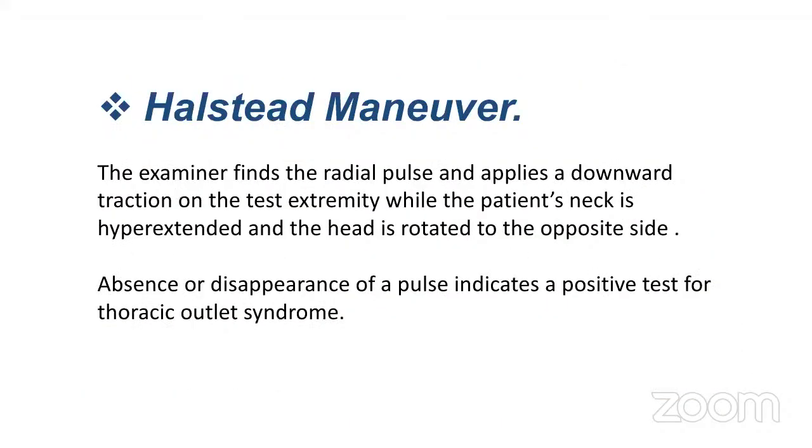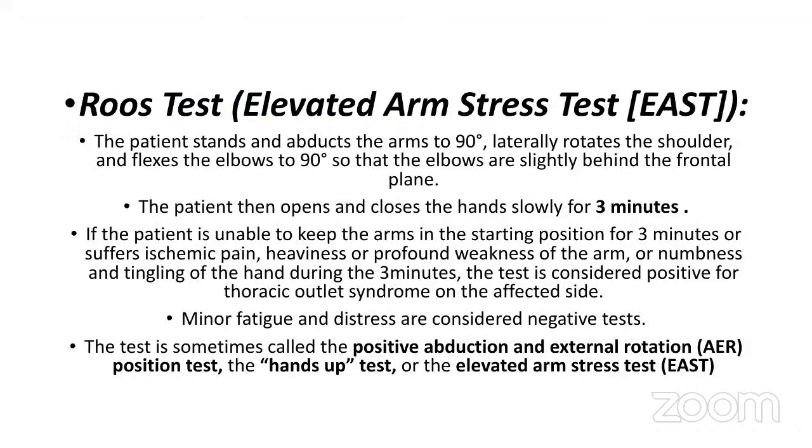Now, Halstead maneuver. The examiner will find the radial pulse and apply downward traction on that extremity while the patient's neck is hyperextended and head is rotated to the opposite side. For example, if I am checking the right side, then the patient's head is rotated to the opposite side and extended. Absence or disappearance of the pulse indicates a positive test for thoracic outlet syndrome.